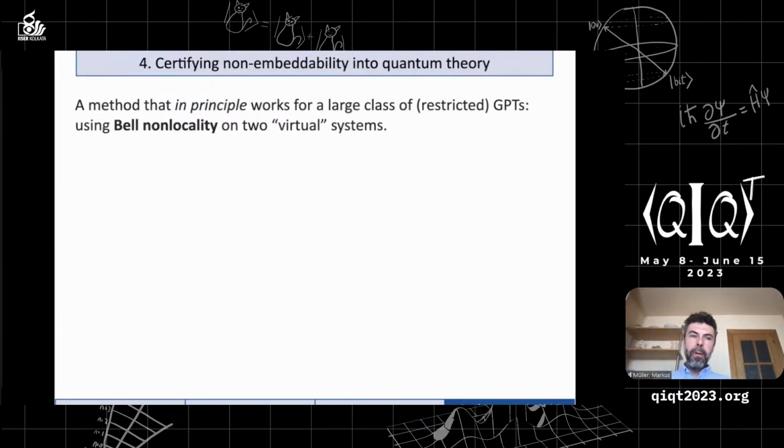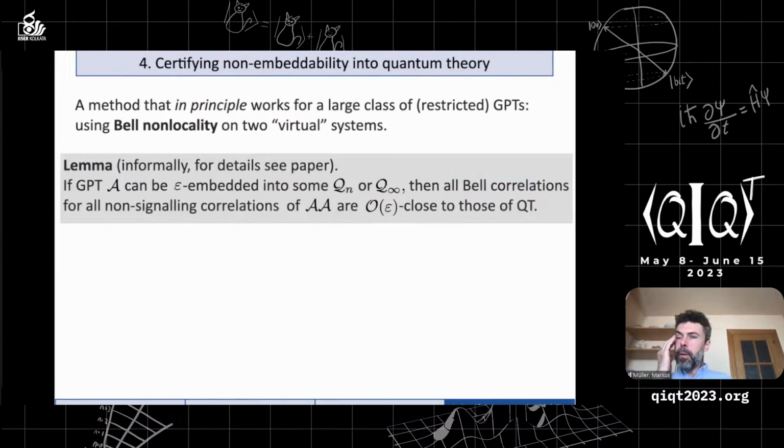There's also a general method that we propose that works in principle for a large class of probabilistic theories, even restricted ones, which uses known facts about Bell non-locality on two virtual systems.